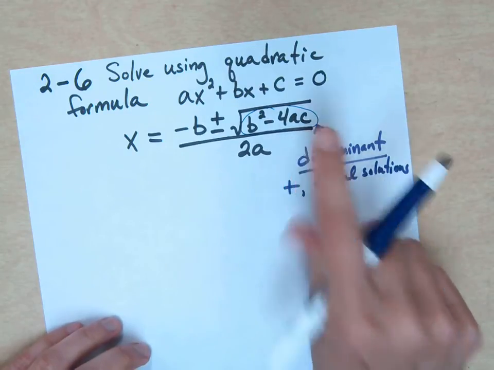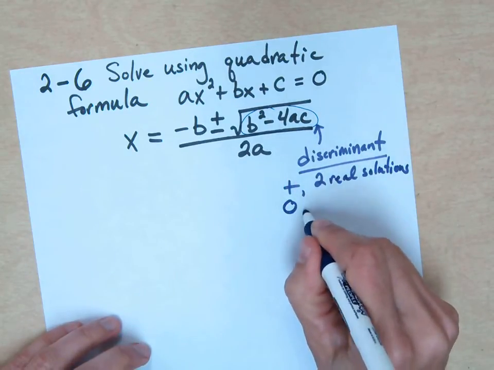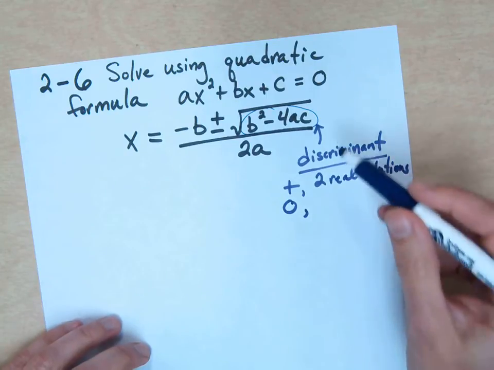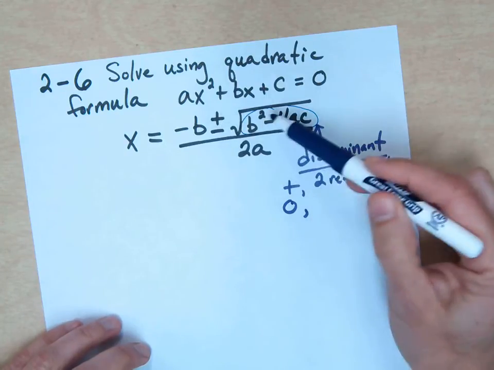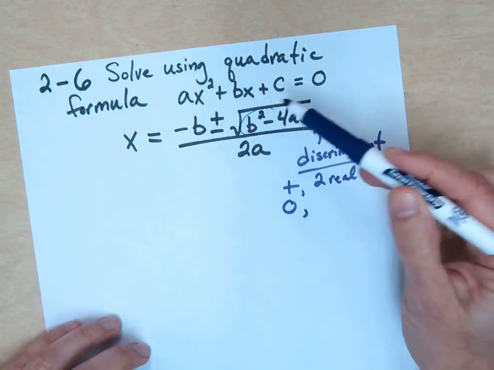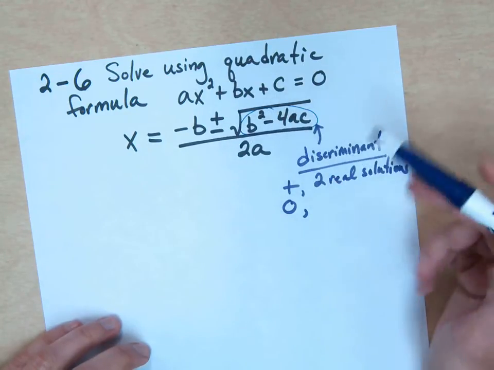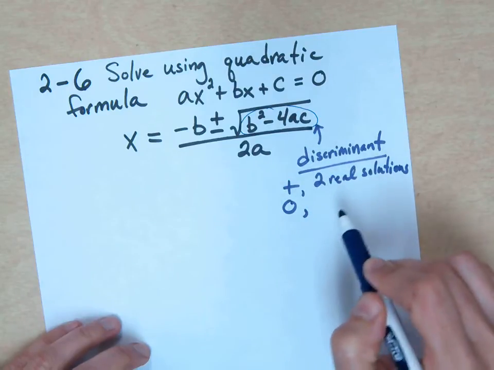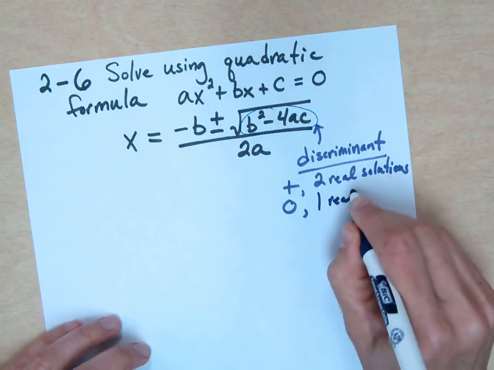If that number under the radical turns out to be 0, how many solutions do you think you get? You only get 1, because this plus or minus doesn't really change anything when you're adding or subtracting 0. So if this discriminant evaluates to 0, we'll do an example like that. You get 1 real solution.